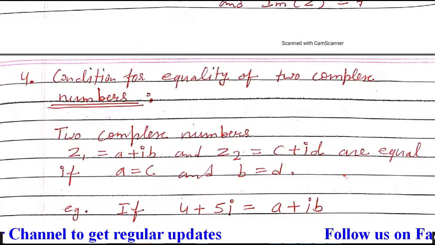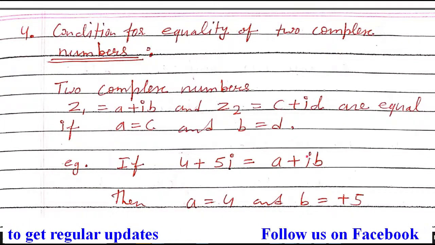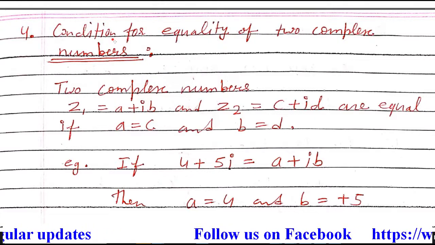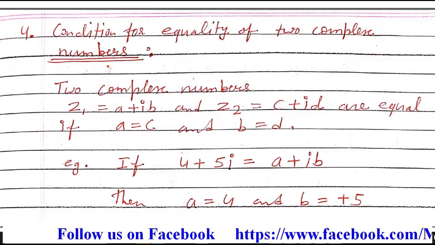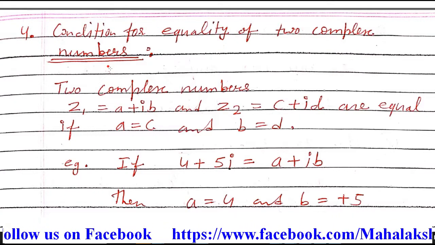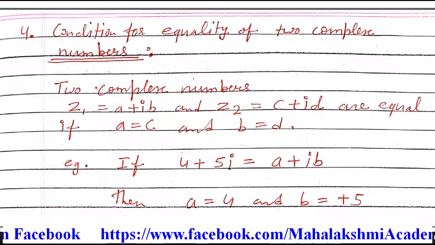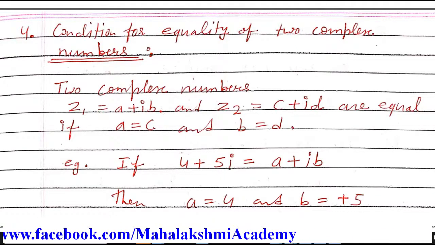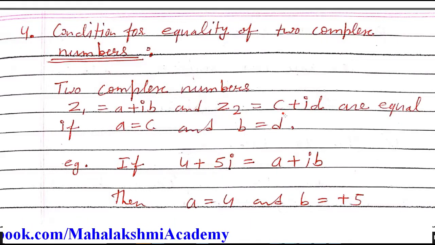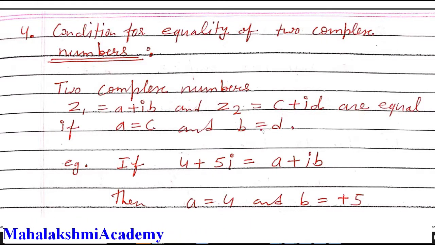Now we move to the fourth point of this chapter, that is the condition for equality of two complex numbers. So in which situations can we say that two complex numbers are equal? For that, two complex numbers Z1 is equal to A plus iota B and Z2 is equal to C plus iota D are equal if the real part is equal to the real part.